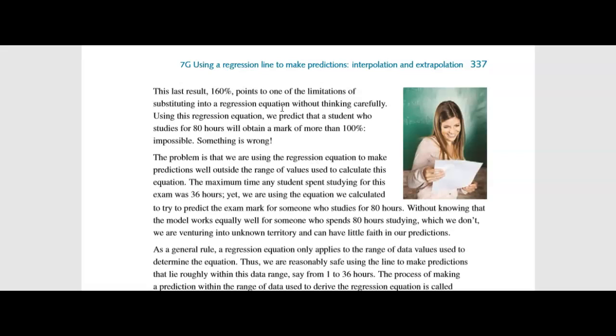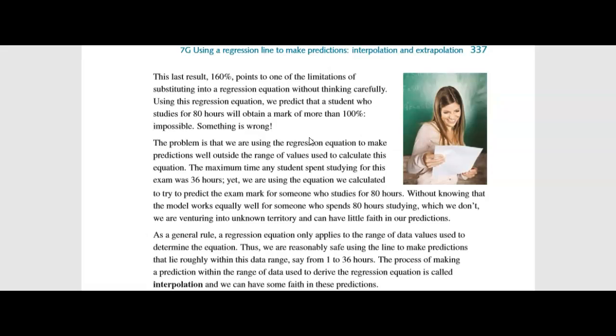That's what it talks about here, some of the limitations. Sometimes your predictions are limited by what is actually possible. If you're looking at 80 hours, the student can't get 160, it's not possible. Looking just down here, the maximum value is 36.